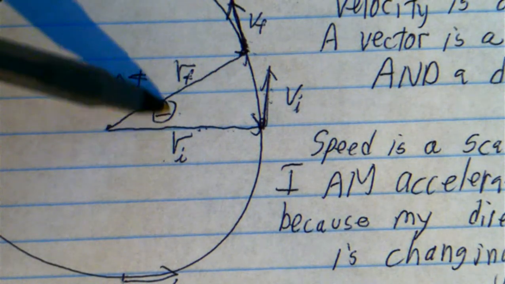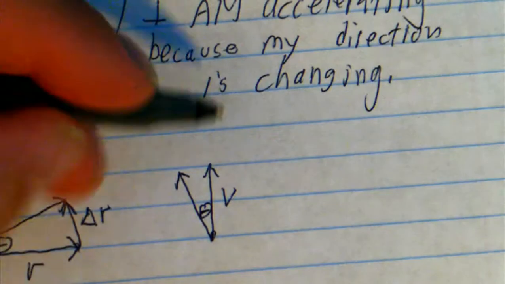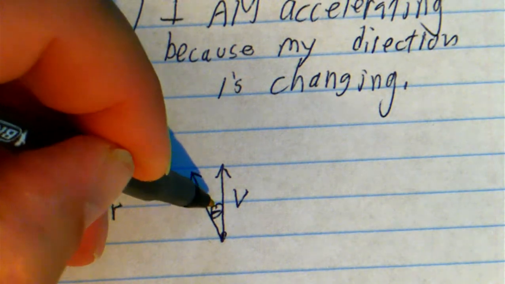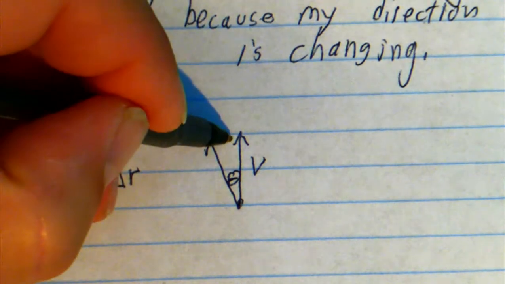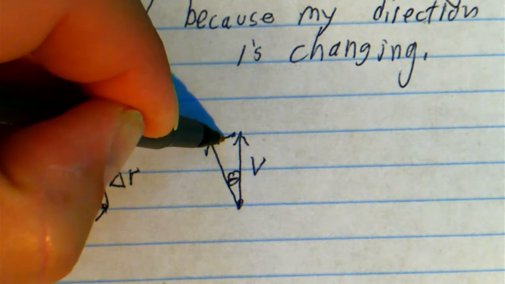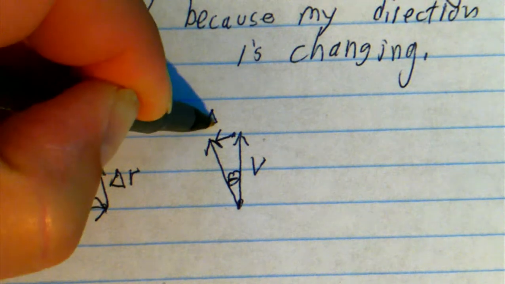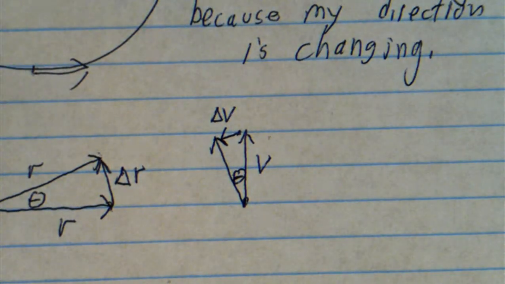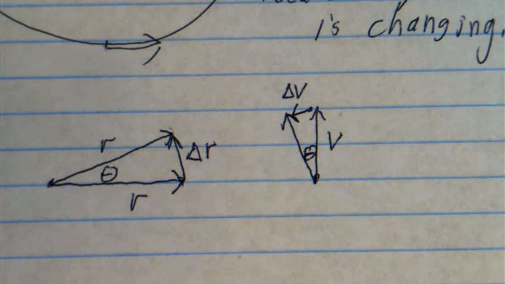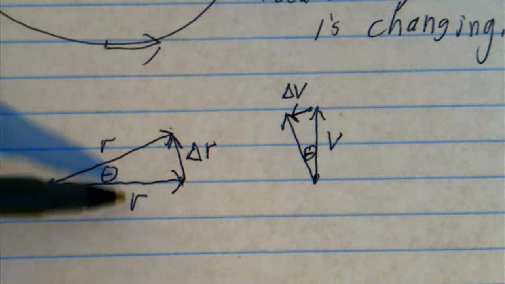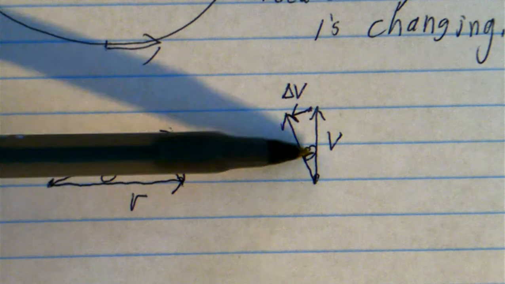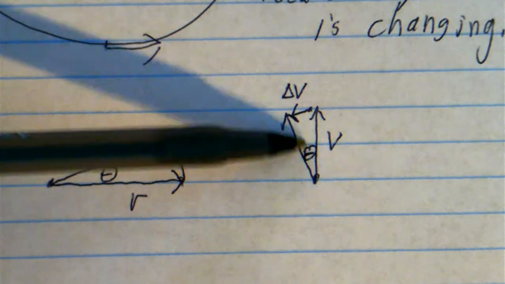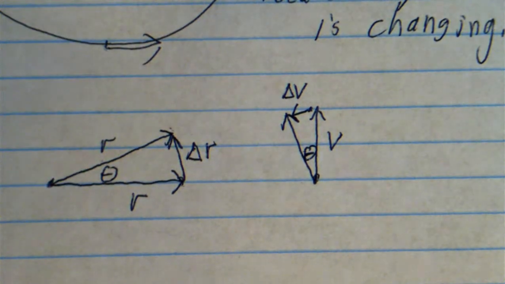If this changed by 1 degree, this direction changed by 1 degree. So it's the same value of theta. And now I can draw from the initial to the final a little teeny tiny triangle, change in velocity, delta v. My claim is not only are both of these isosceles triangles, which means they have the same lengths on two of their three sides, but because they also have the same angle, they are similar triangles.